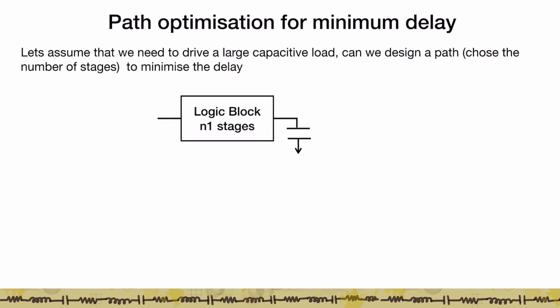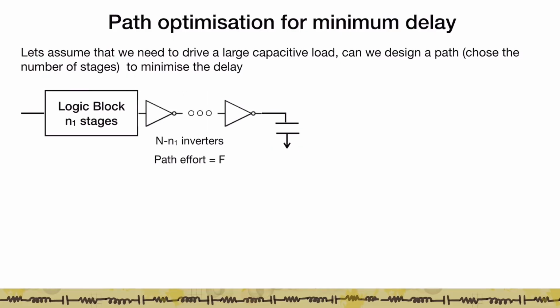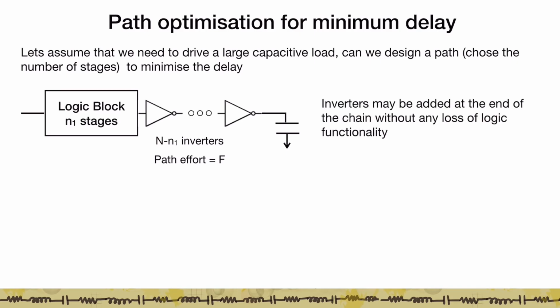Now let's assume that we have designed a logic block with some N1 stages that is driving a large capacitive load. Now the question is, is this good enough, or can we optimize the delay further by adding more stages to this path? Right? So what we are trying to understand is, suppose I add a few inverters to this path, then essentially I'm now adding more stages.